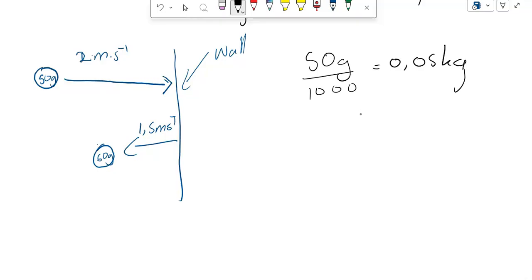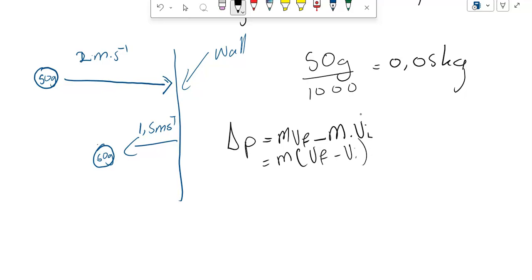So delta momentum is equal to my mass multiplied by my final velocity minus my mass multiplied by my initial velocity. In essential terms, this is just the same thing as m delta V. It's the same thing.